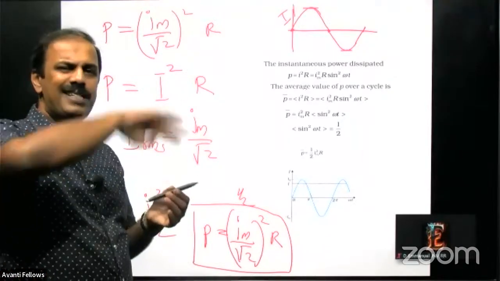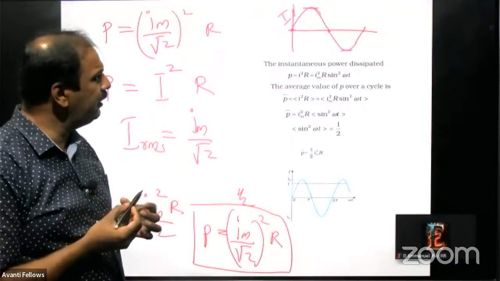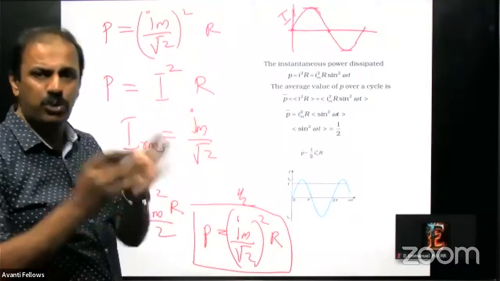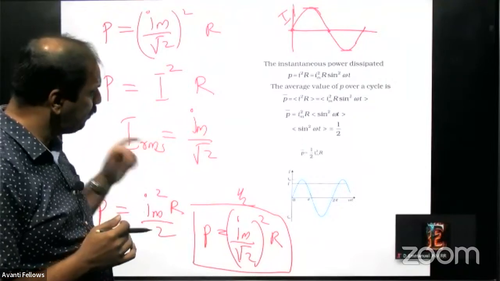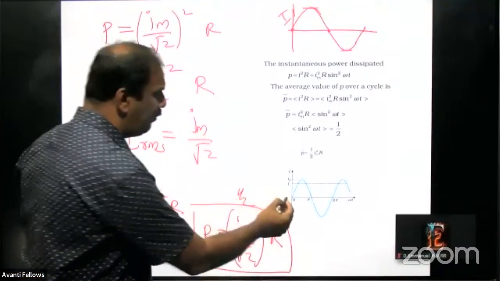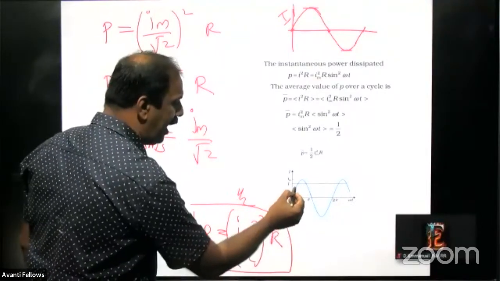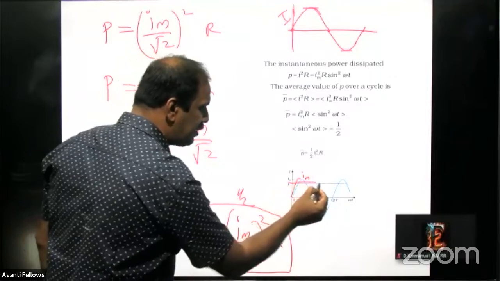AC current is increasing and decreasing, it is varying. So when it is varying, the equivalent value of that DC, that AC to DC, is called IRMS. So see here in this graph, it starts from here and goes up like this up to Im. And this is the RMS value.